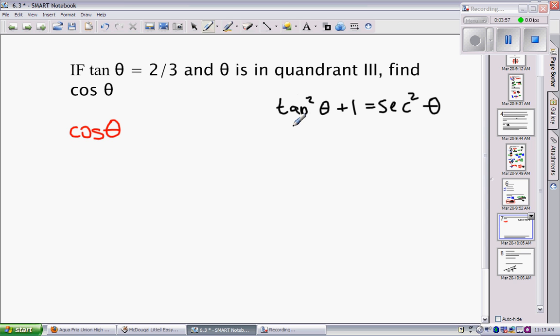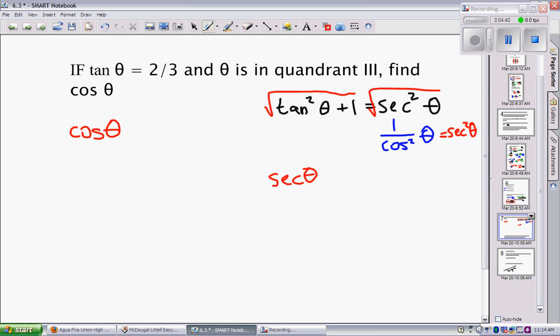Tangent is sine over cosine. That's kind of difficult just to get cosine alone, but secant is 1 over the cosine. So this is really 1 over cosine squared theta. We want to get just secant, so we need to take the square root.